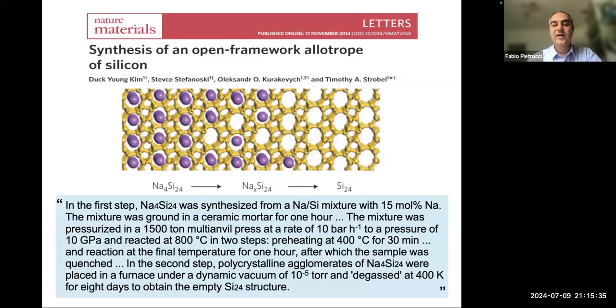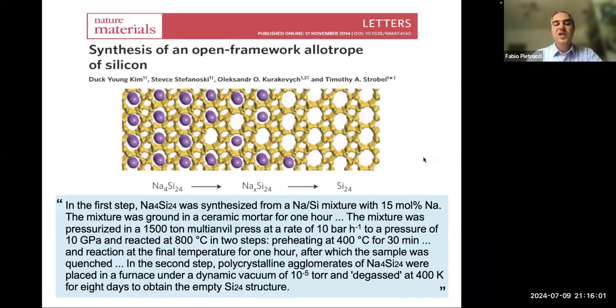You have to start from some ingredients. You have to grind the mixture in a mortar for 1 hour. Then you have to pressurize to some pressure. Then you have to heat to some temperature for some time. This is clearly like a kitchen recipe, and this is the signature of kinetics. This is not something that just leads us to the most probable state. This is a very delicate and precise procedure to get metastable states.